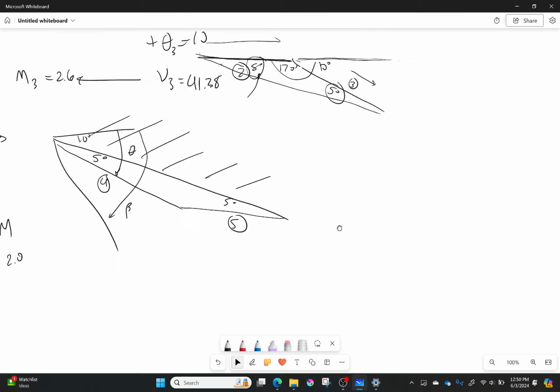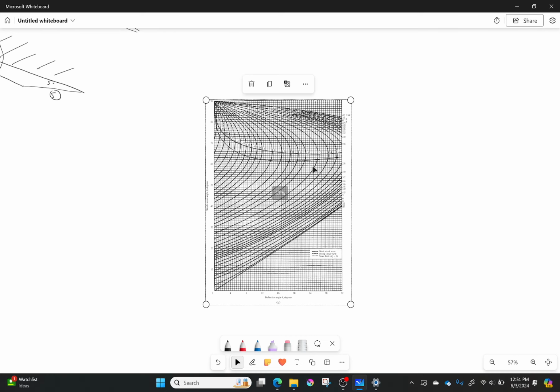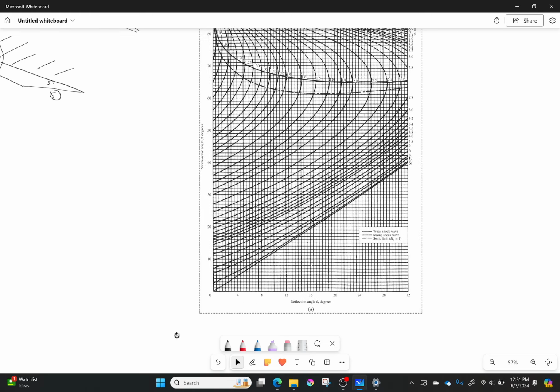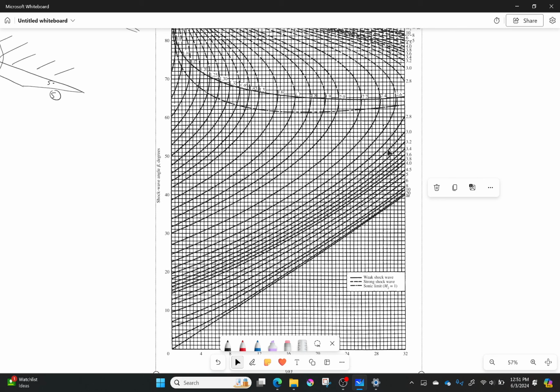Okay, so now let me go ahead and paste this over here. Hopefully it works out properly. It did! Nice. I'll make that a bit bigger just to have it be a little bit easier. Okay, so we know our deflection angle. It's 2. Sorry, it's 15. I can't count. And we know what our Mach number is.